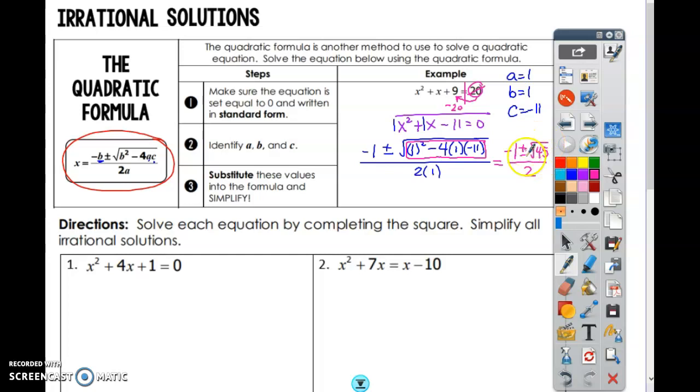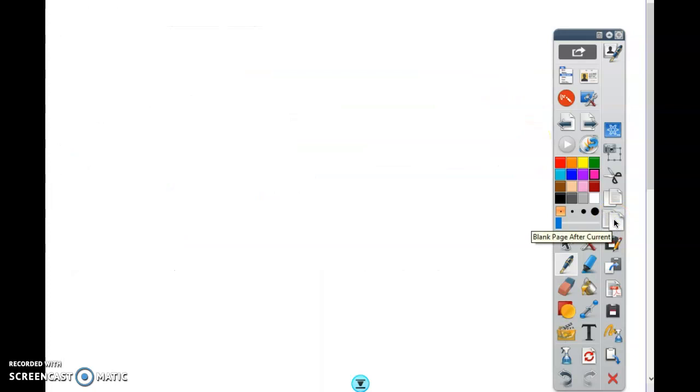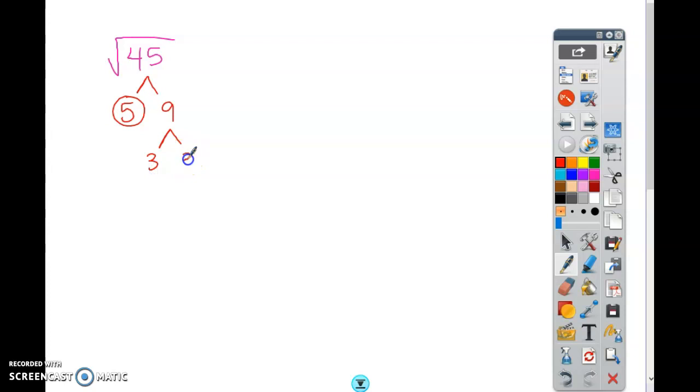So now I need to simplify the square root of 45. So on the back sheet or at the bottom, whatever, the square root of 45 can be simplified into 5 times 9, and that's 3 times 3. So how many pairs do you see? One pair of 3, right? So this one comes outside, this one stays inside.